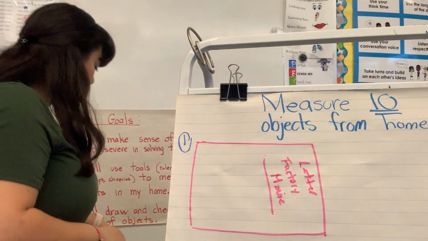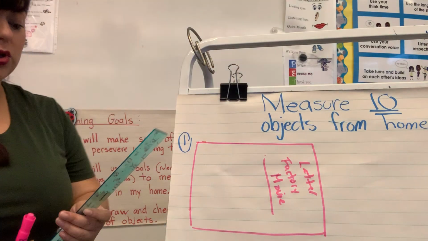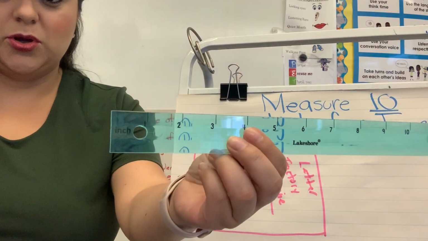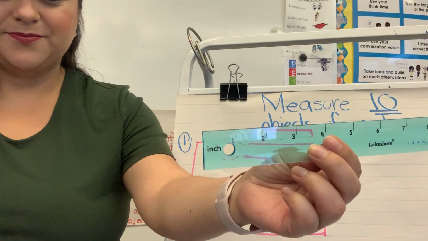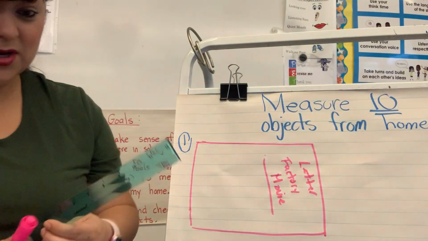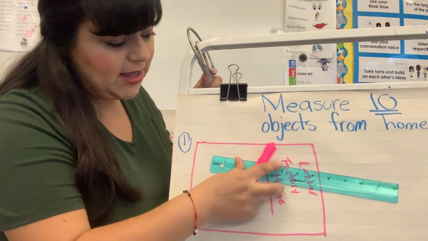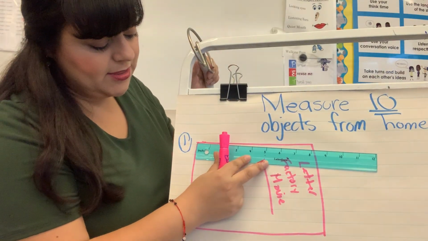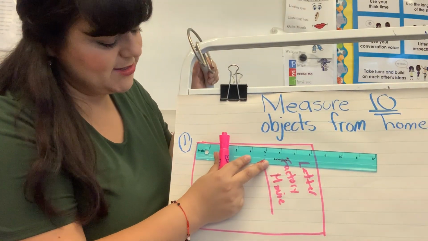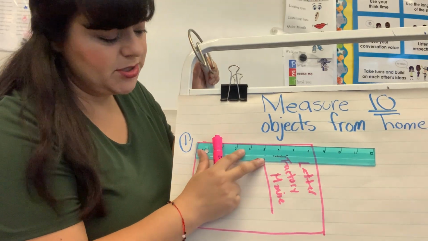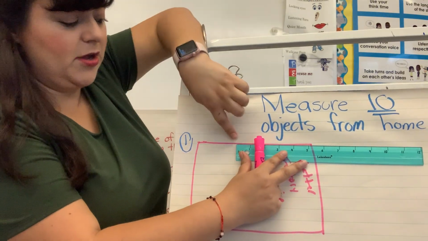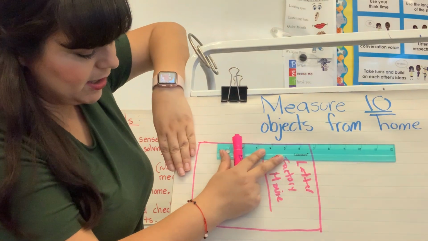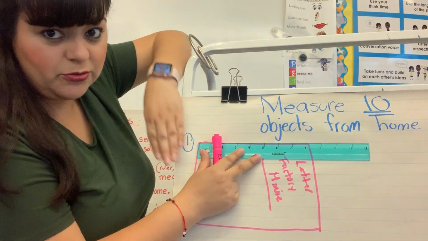The first thing I will measure with is my ruler. So if you have a ruler at home, you can use a ruler. So you want to align your ruler right at the start of the object. You don't want to measure from the middle of the object. You need to align it to the start.